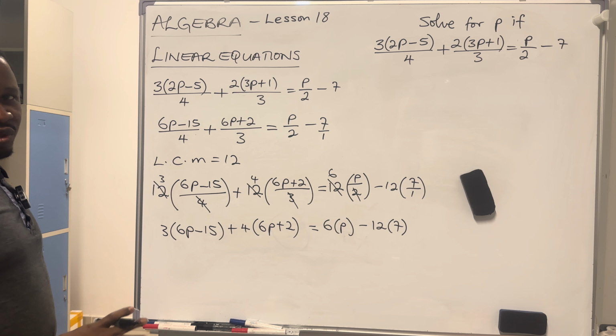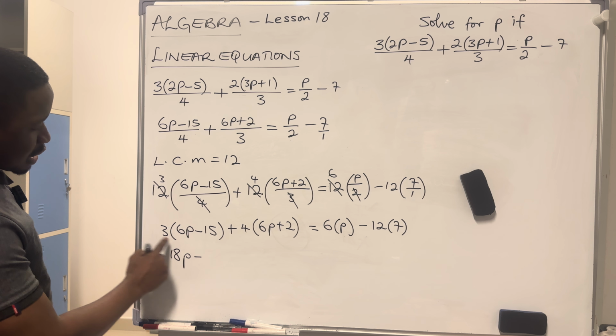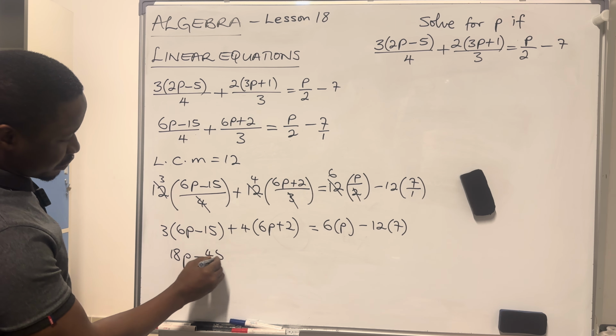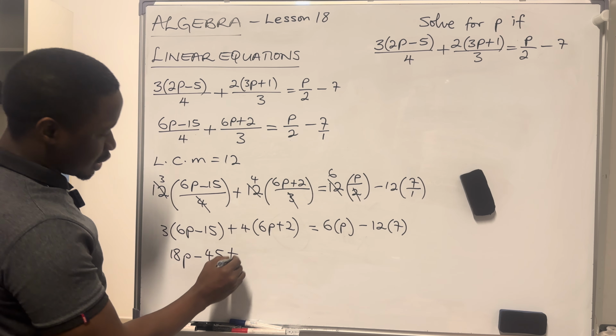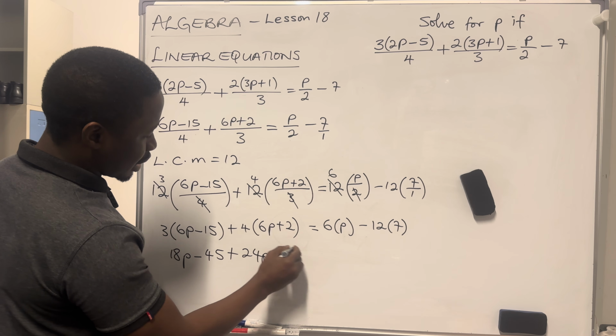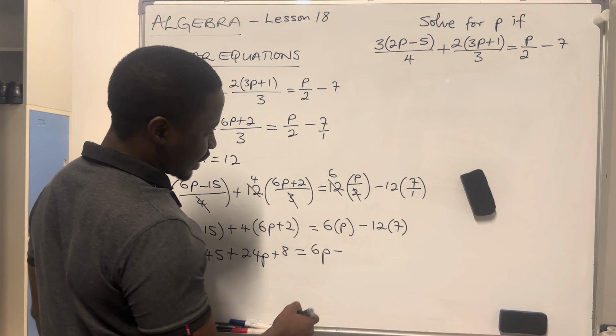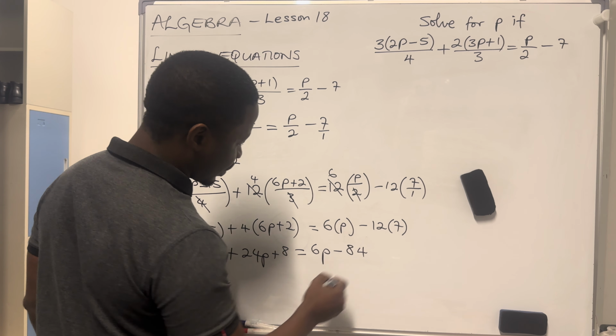I hope this one is good for you. 3 times 6p is 18p. 3 times 15 is 45. 4 times 6p is 24p. 4 times 2 is 8. 6 times p is 6p. 12 times 7 is 84.